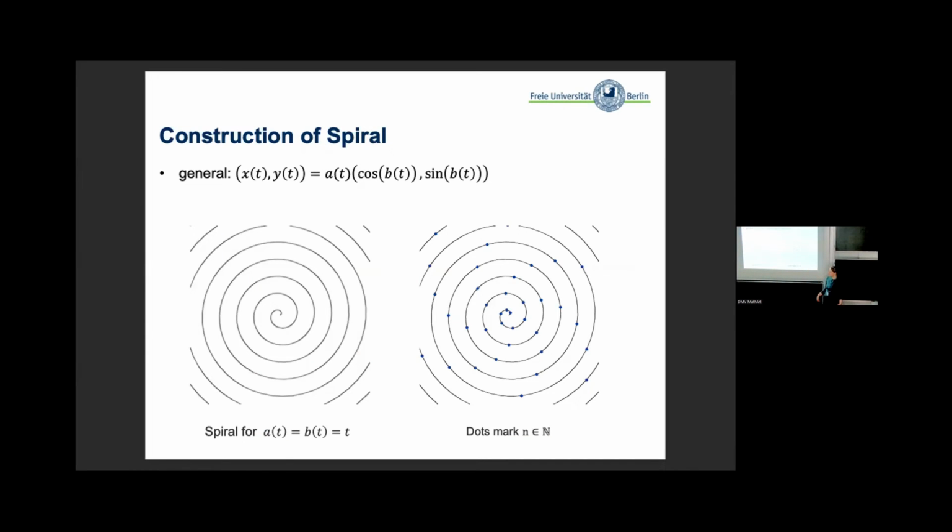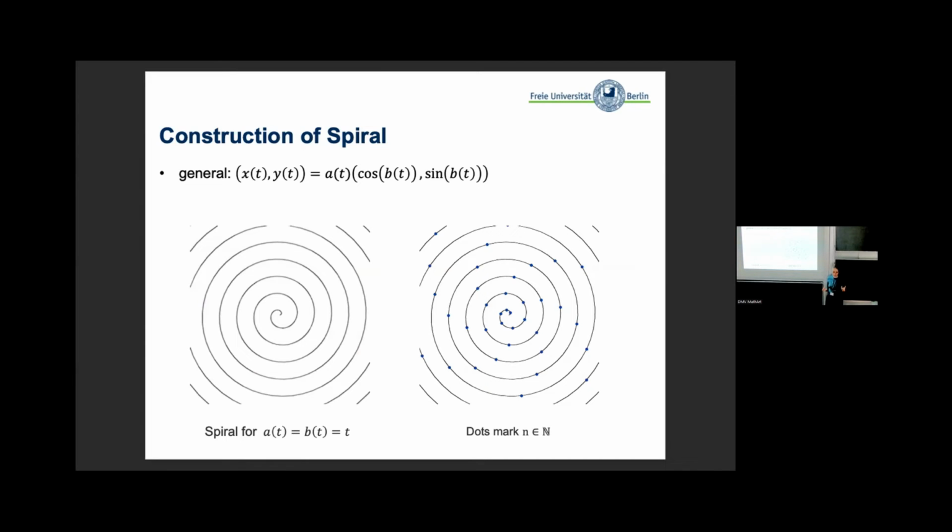And so we started with considering spirals in general. What we see here on the very second line is the general representation of an Archimedean spiral. So we have two degrees of freedom in some sense: on one hand the radius, a function a of t, and on the other hand the angular velocity, a function b of t.